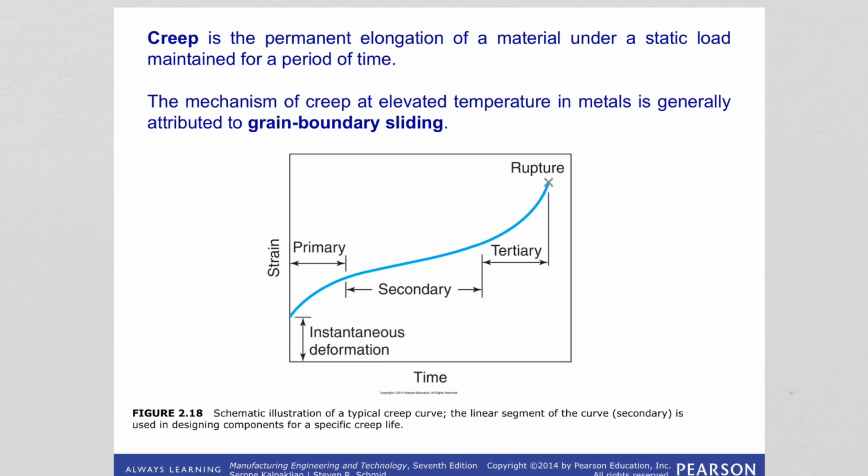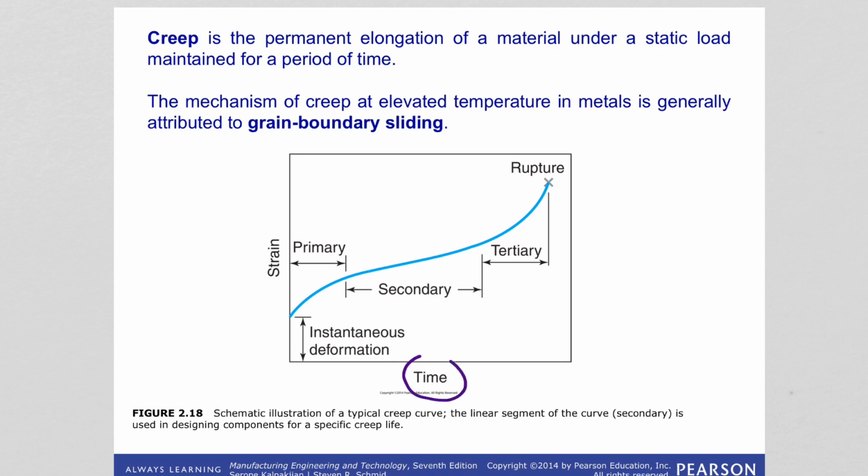The mechanism of creep at elevated temperatures, we talked about that. It is with grain boundary sliding. And in the creep test, the specimen is subjected to a constant tensile load at elevated temperatures. And we measure the change in length at various time increments and record that.